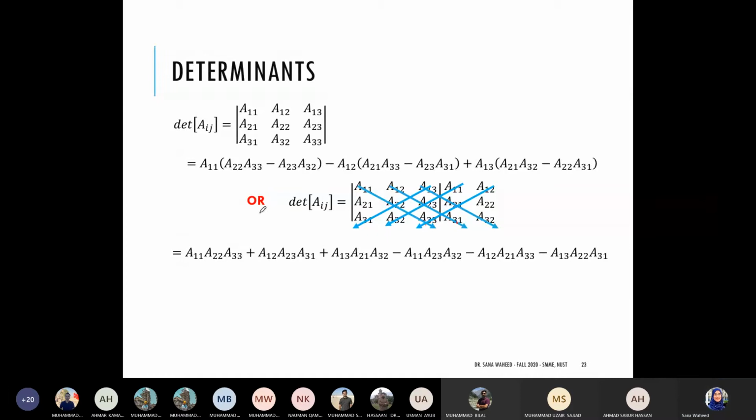Now look a little carefully at this, because I'm now going to start to spot some patterns basically. So if you look carefully, ये तीन पॉजिटिव टर्म्स को जरा देखें पहले सिर्फ इनको। तो इसमें क्या है, A11 A22 A33 and then A12 A23 A31, A13 A21 A32.